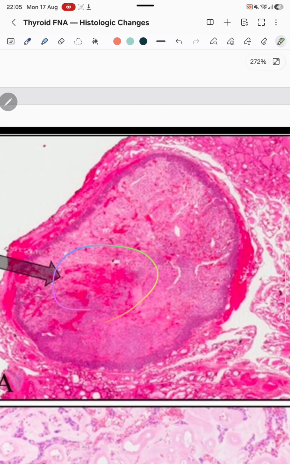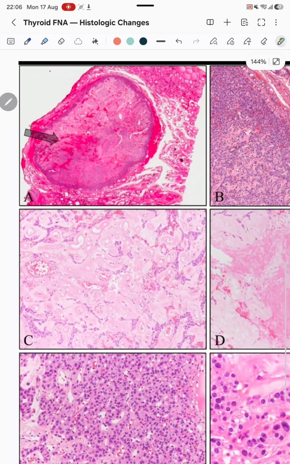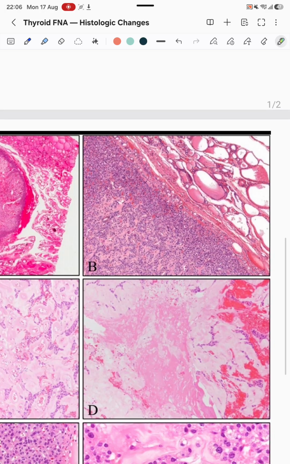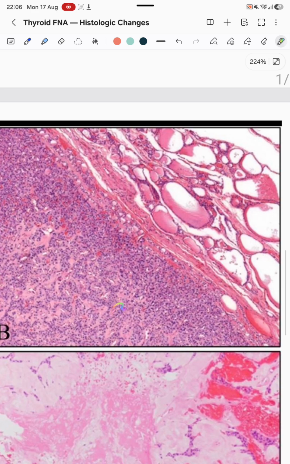Lots of hemorrhage, probably a good amount of fibrosis if we look on higher power. And you can see that this probably was the needle, as big as this. I doubt that, but probably yes. It probably was as big as that. Probably there is a good amount of multinucleated giant cells in here.